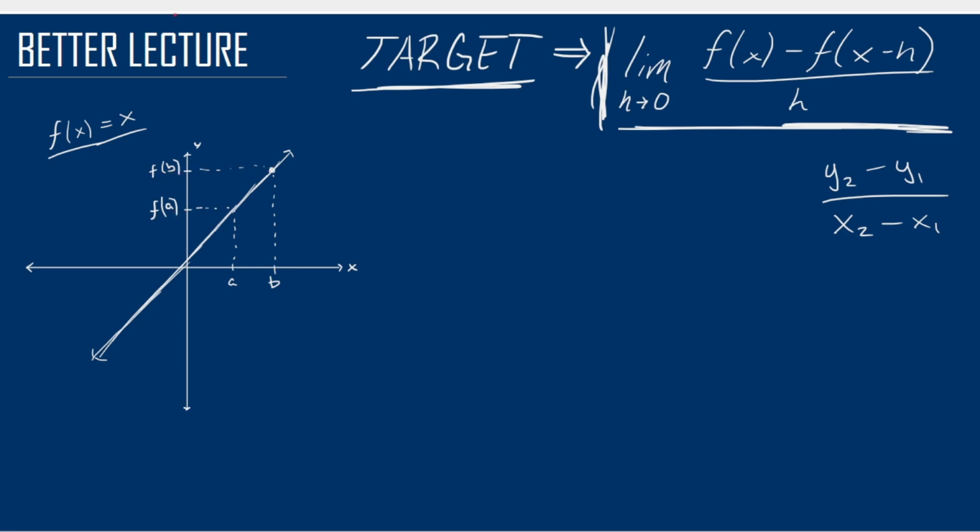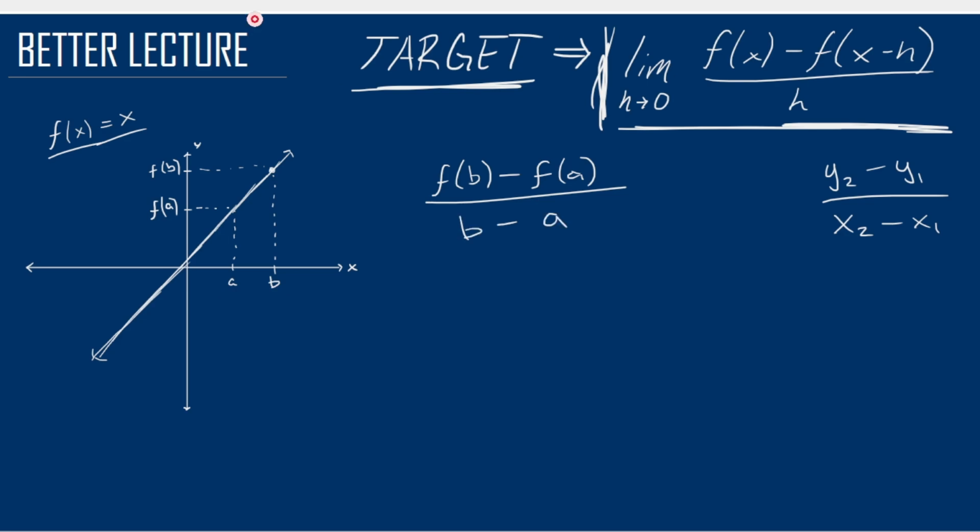So when we write the slope formula this way, if we just replace y2 and y1 with f of b and f of a, we have f of b minus f of a over, and now our x2 and our x1, so we have x2 minus x1.